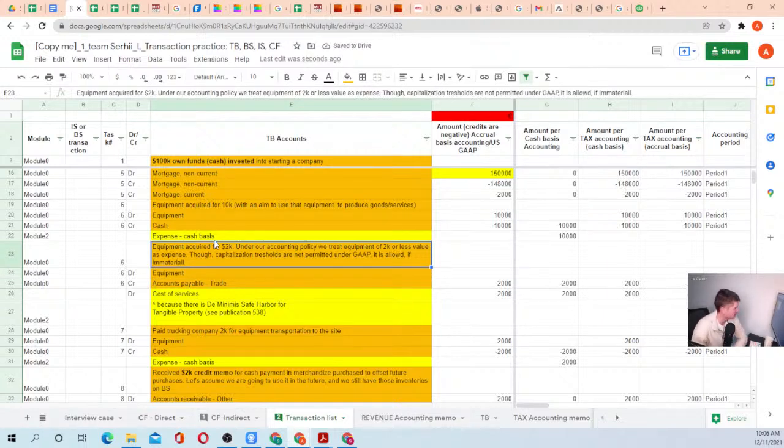Though it is not allowed under US GAAP, you can still do that if you can prove that the effect will be immaterial, insignificant.